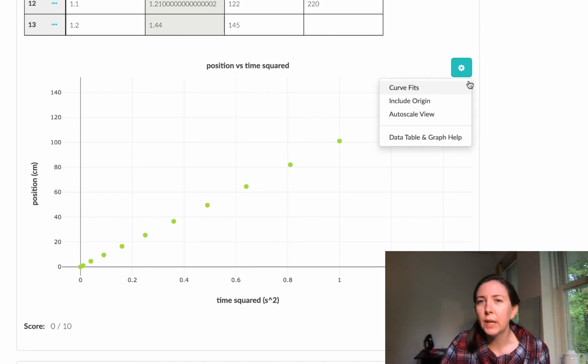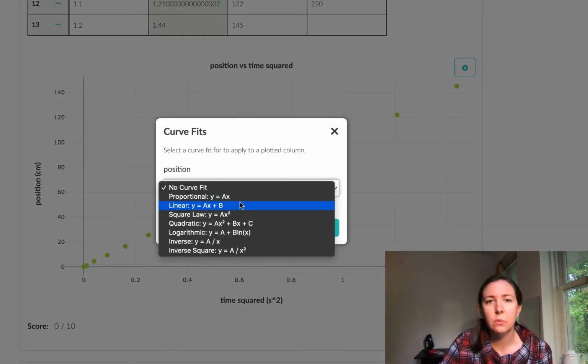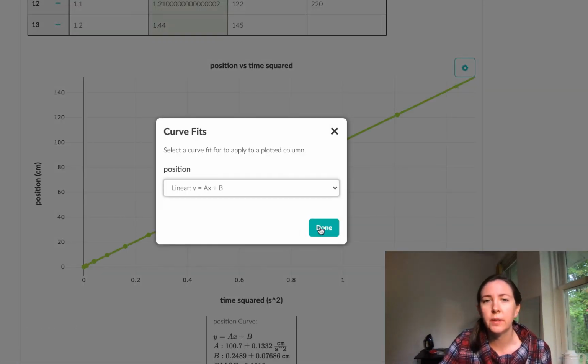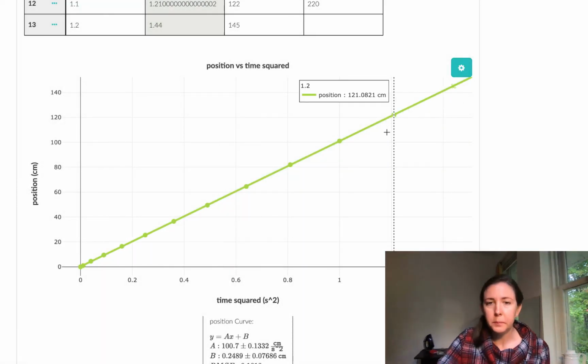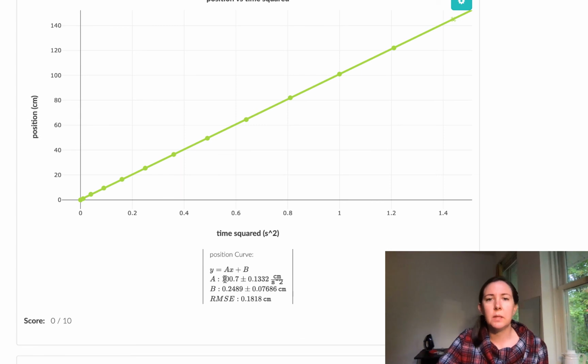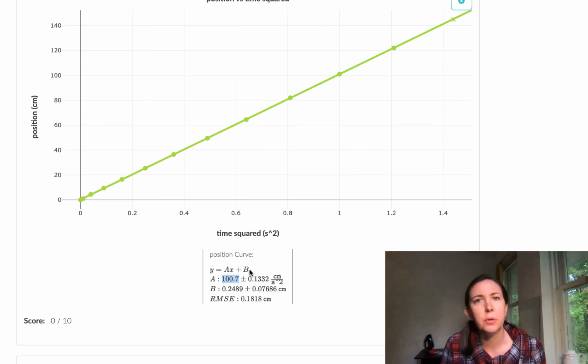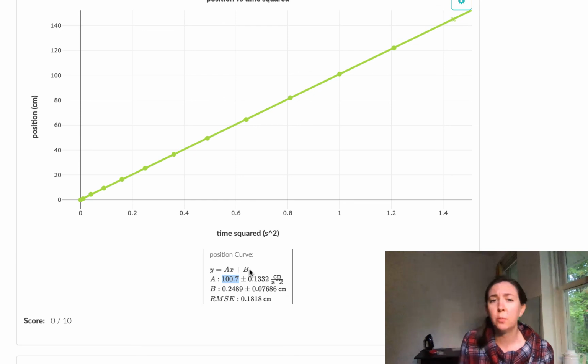If you look at the curve fit for this, we're just going to do the same linear curve fit that we've done before. Notice we have all of our points selected. This is giving me a slope of about 100 centimeters per second squared. So when I graph position versus time squared, I get a slope of 100 centimeters per second squared.